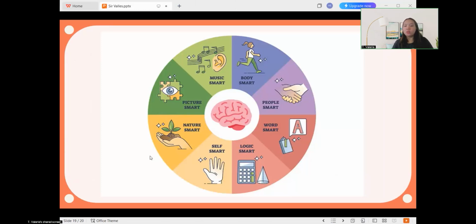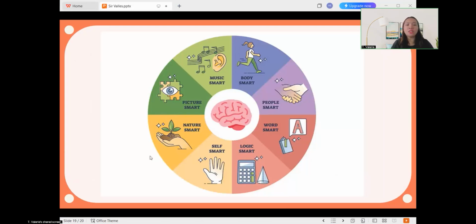So public speakers are considered linguistic intelligent because they persuade the audience to listen to them. Some students who are linguistic intelligent enjoy writing, reading, telling stories, and doing crossword puzzles.